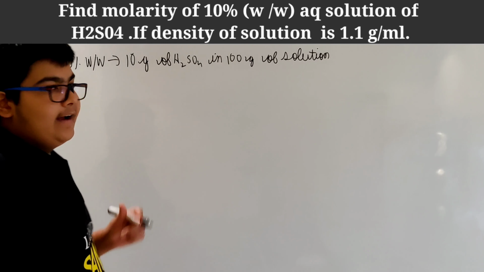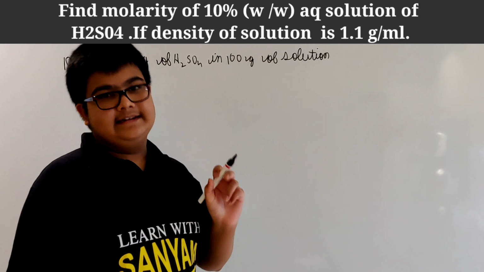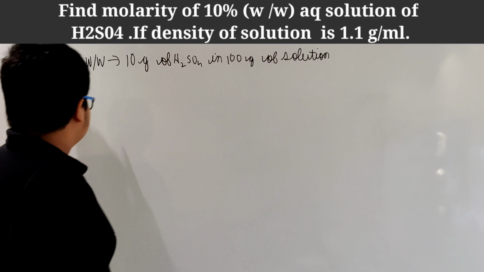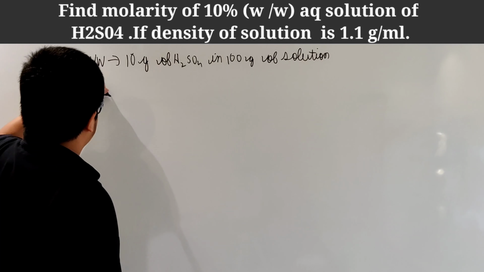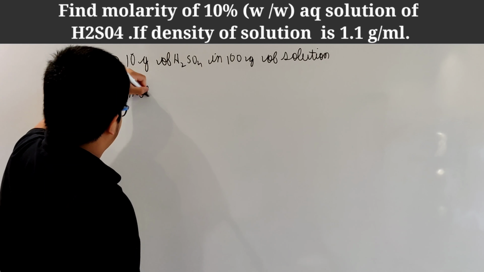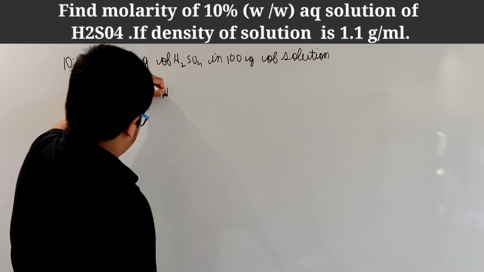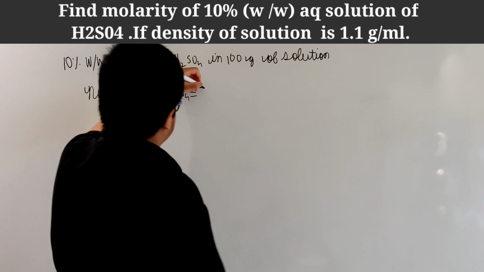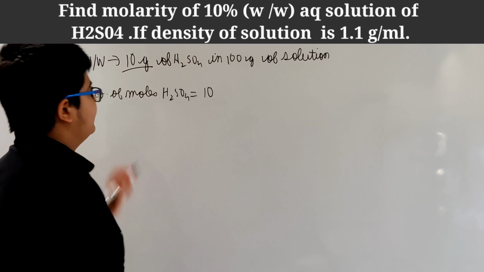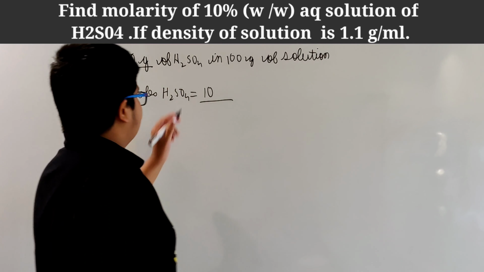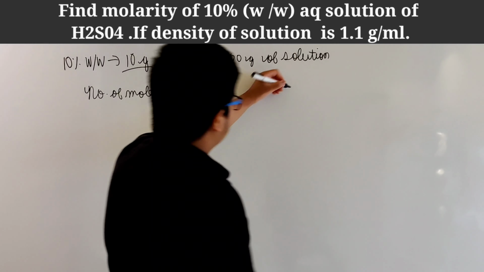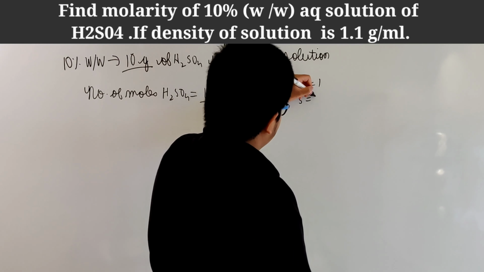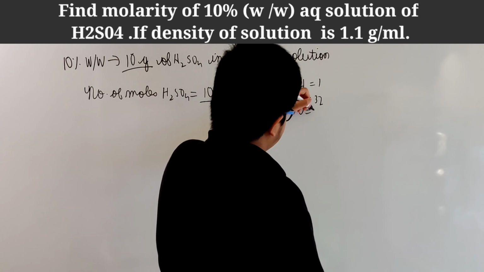Now, for finding molarity, we need two things: the number of moles of solute and, second, the volume of solution. So the number of moles of H2SO4 will be given mass, that is 10 gram, upon the molar mass. To find molar mass, we know that for hydrogen it is 1, for sulfur it is 32, for oxygen it is 16.